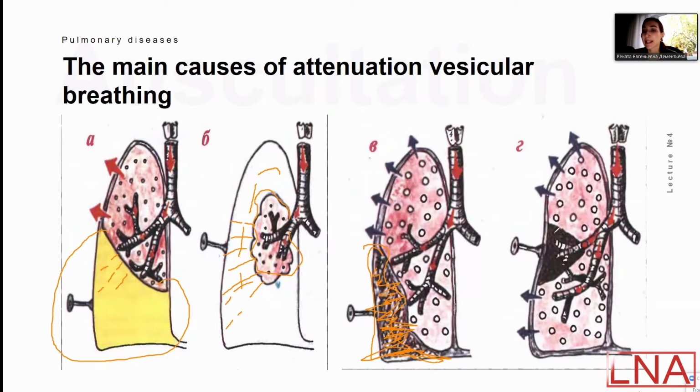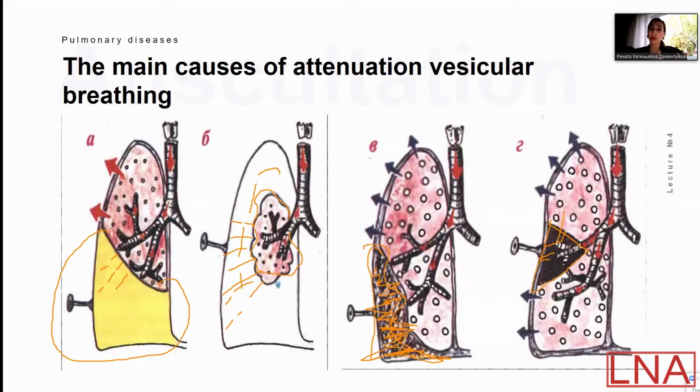Next picture is obstructive atelectasis, and look at this triangle. It's the pathological triangle of hypoventilation. In fact, no ventilation, no movements of the alveolar walls, no vesicular breathing. Sometimes vesicular breathing can be provided by these cavities, but sometimes not.